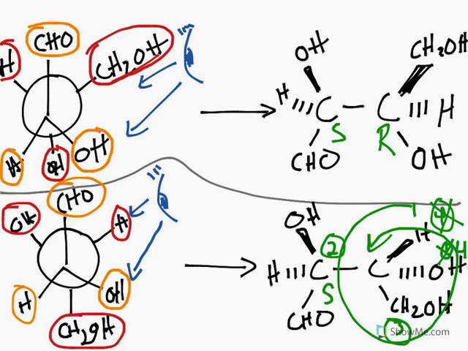That's a counterclockwise motion, but remember, because we switched the priorities, we have to switch the R and S designation. As written here, it would be an S, but because we flipped the priorities, it's no longer an S, and now it is an R.